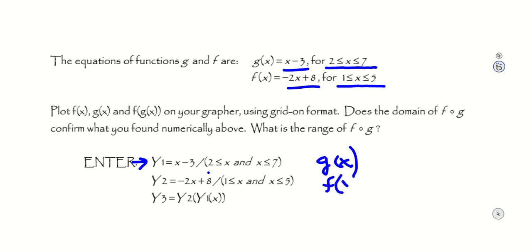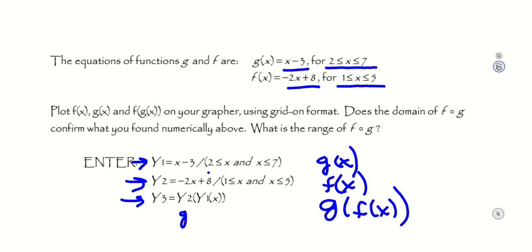F of x we could store in y2, and that would be y2 equals -2x plus 8, on that limited domain. Now, if we compose those two functions, and we are looking at F of G of x, then we can enter as y3, y2 of y1.